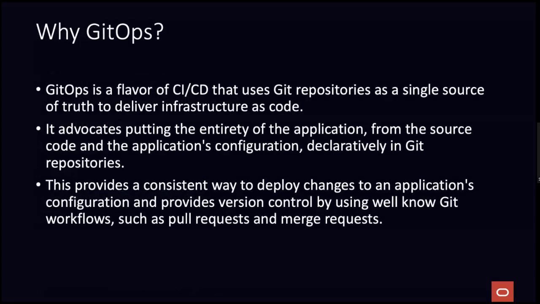So first of all, why do we need GitOps? GitOps is an operational framework, a layer of CI/CD used with the Git repository, that takes into account DevOps-style application development, such as version control, collaboration, and CI/CD, and it goes with delivering infrastructure as code, which is Terraform, Ansible, and those kinds of tools.